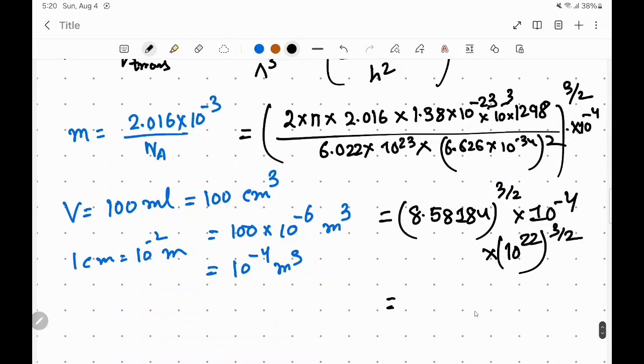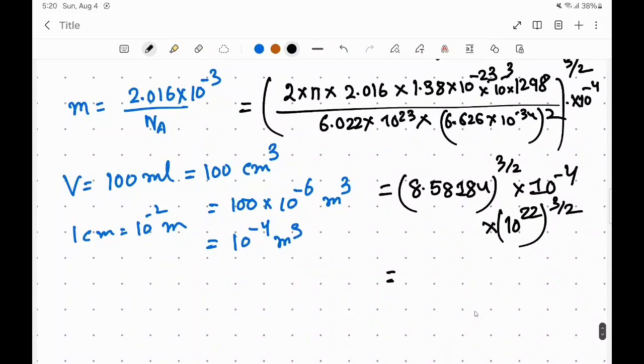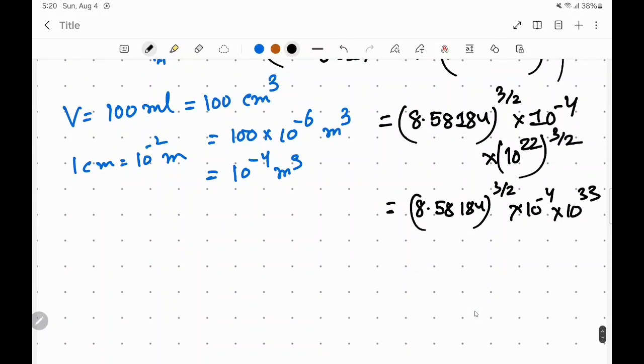Yes, so it is 8.58184 to the power 3 by 2 into 10 to the power minus 4 into 10 to the power 33. Now it's done.